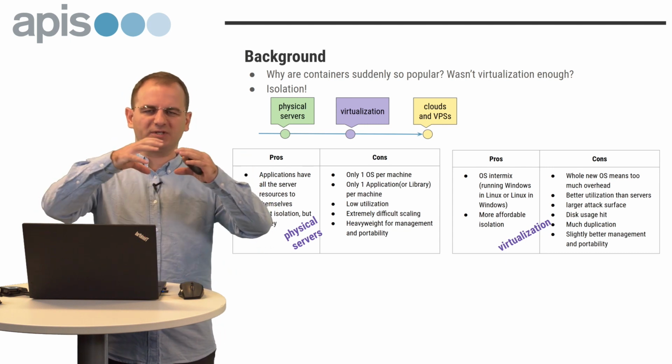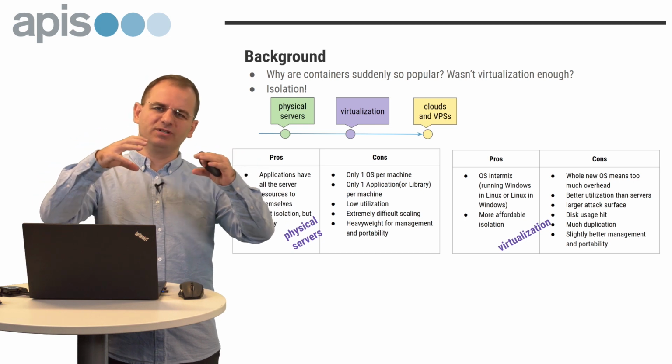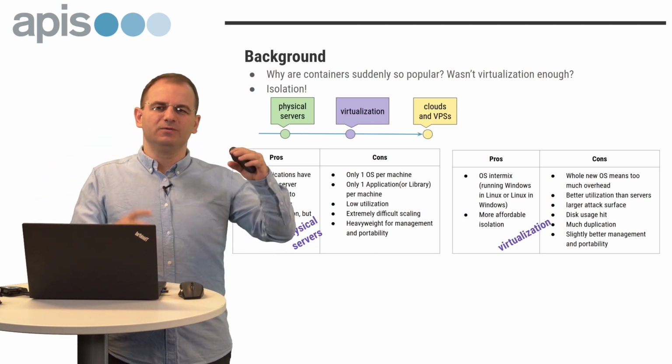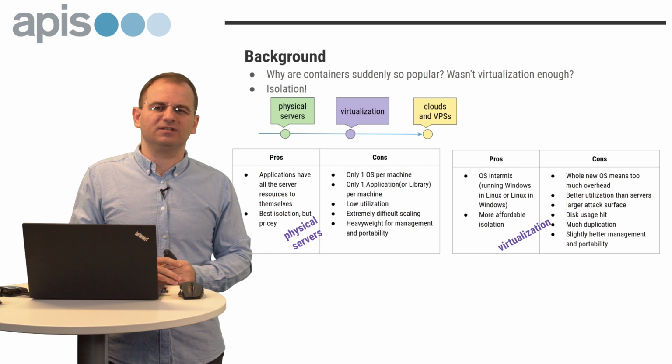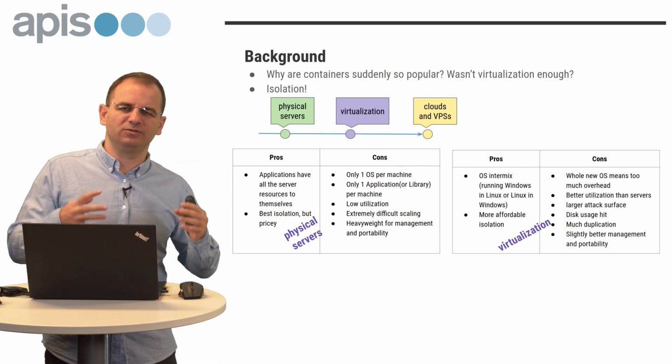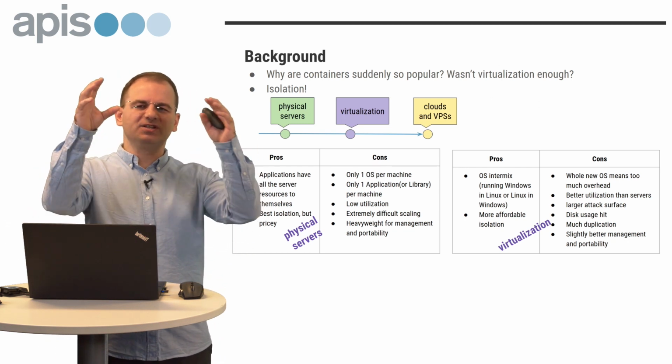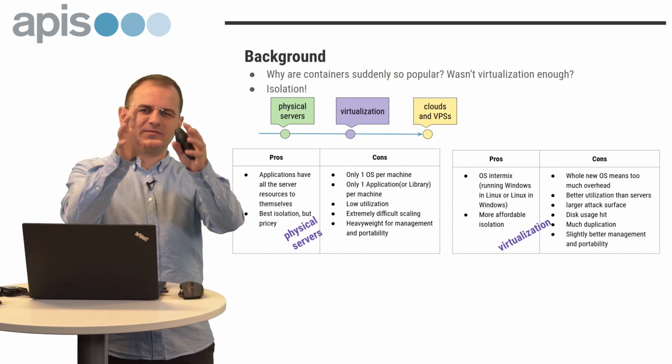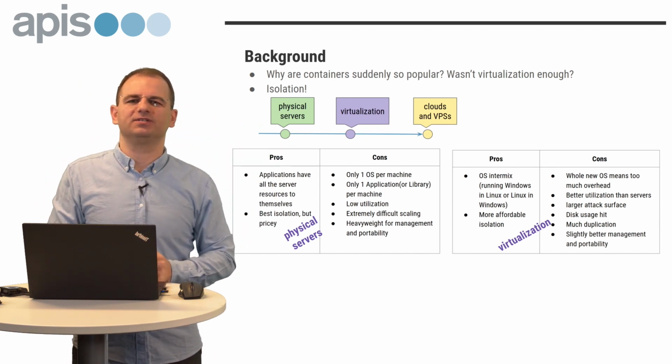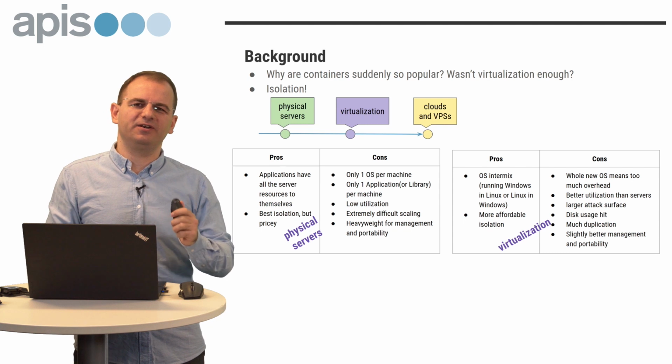So you have the operating system on your machine or the hypervisor, which is a lot less resource consuming, but you still have an operating system in each of your virtual machines. Very big overhead.